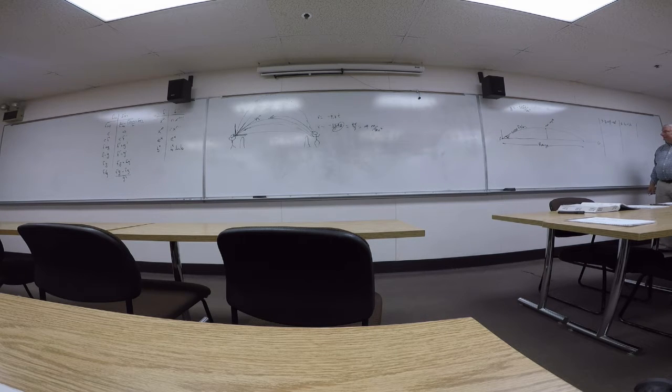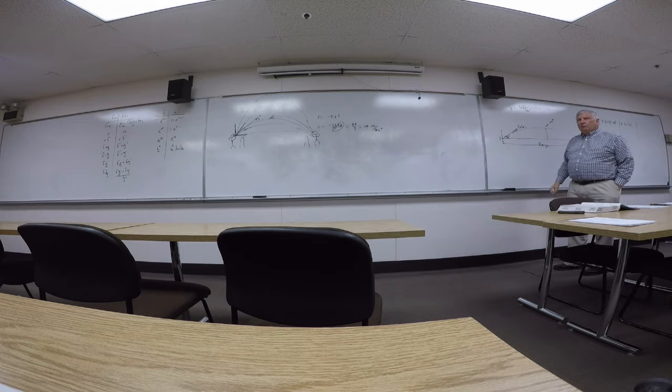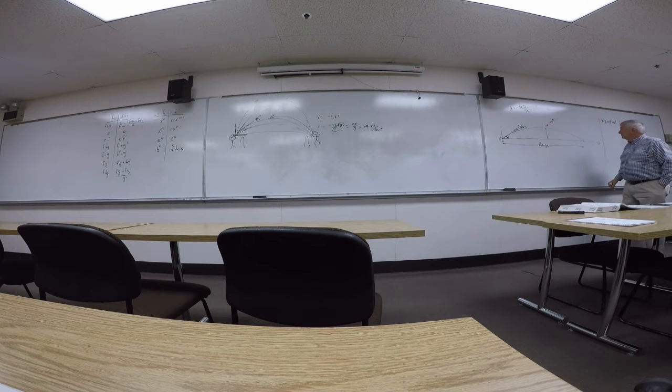So, here are the equations. I'll say x and y are both 0 here. So y is equal to nothing plus v sub y t minus 16t squared. And x is equal to nothing plus v sub x t. So the question is, what is v sub y and v sub x?